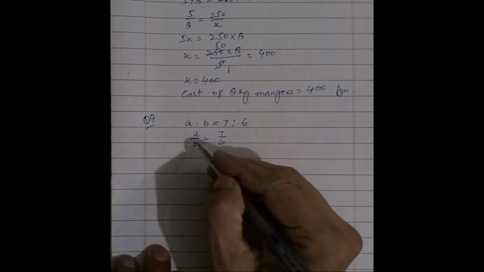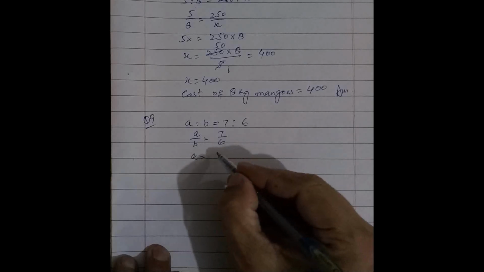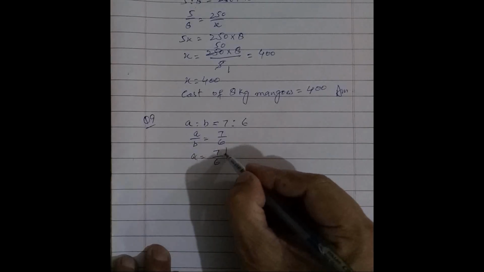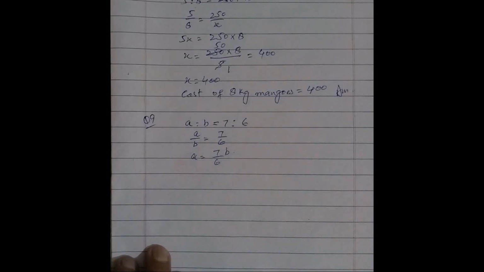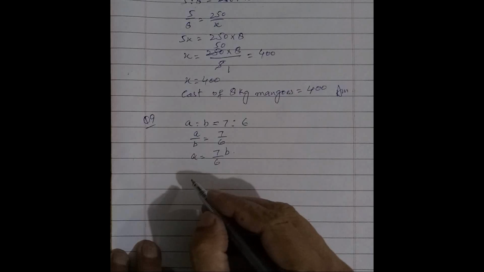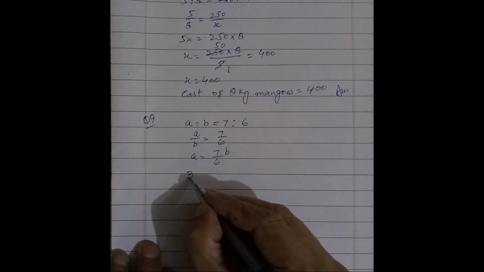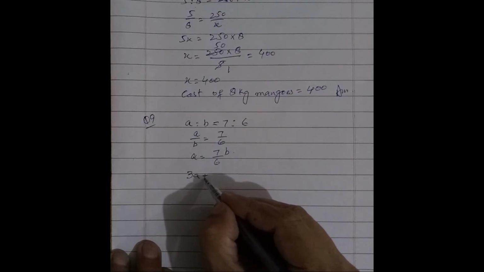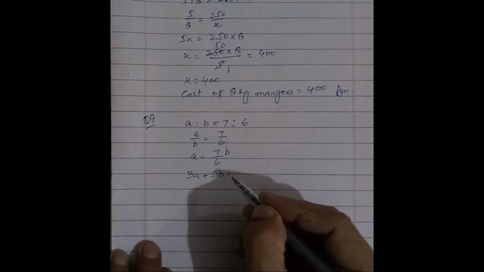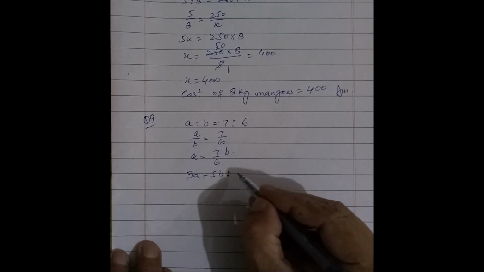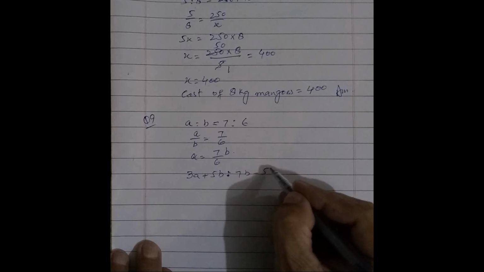Here we find the value of A, which is A is equal to 7 over 6 B. And the other ratio, 3A plus 5B ratio 7B minus 5A.